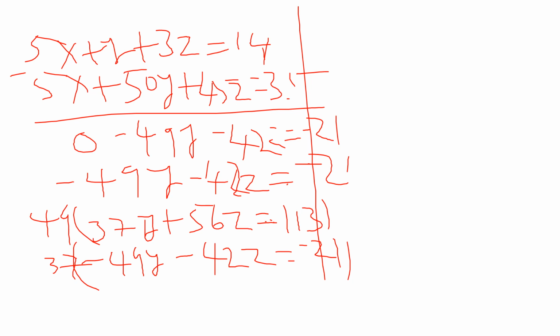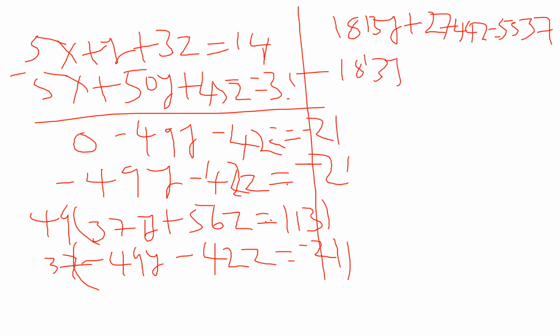So in that perspective, if you multiply 49 and 37y, you are going to get 1813y, then plus, if you multiply that with 56, you're supposed to get 2744z, and if you multiply 49 and 113, it should give us 5537. And then if you multiply the same, that 37 by negative 49, this one should give us negative 1813y.